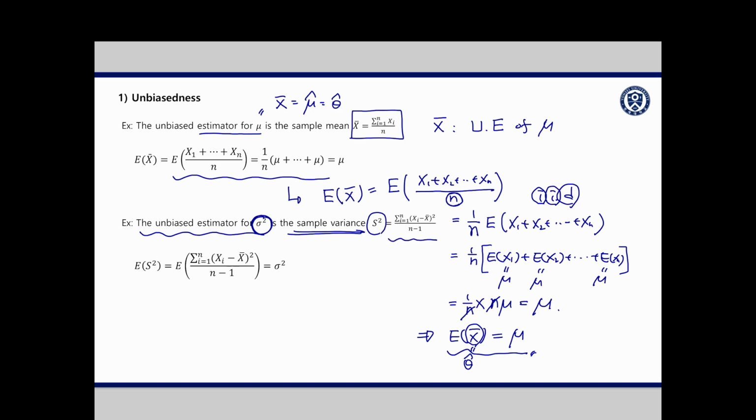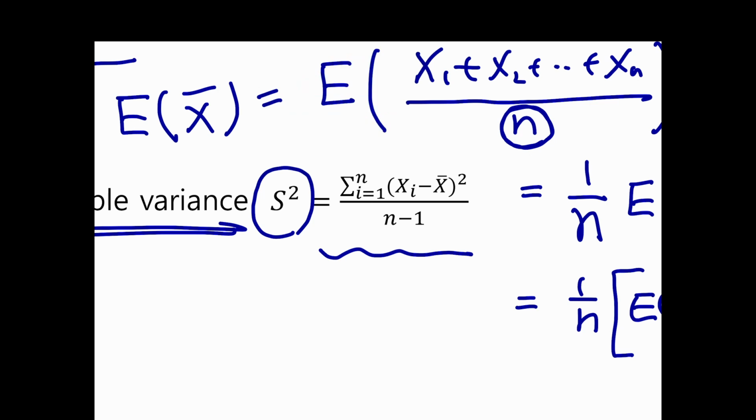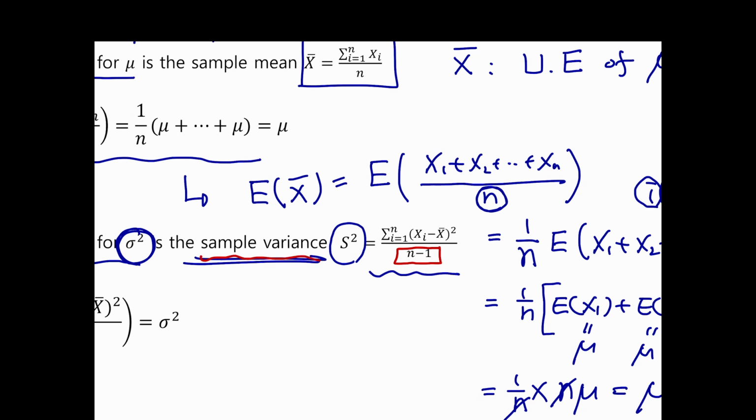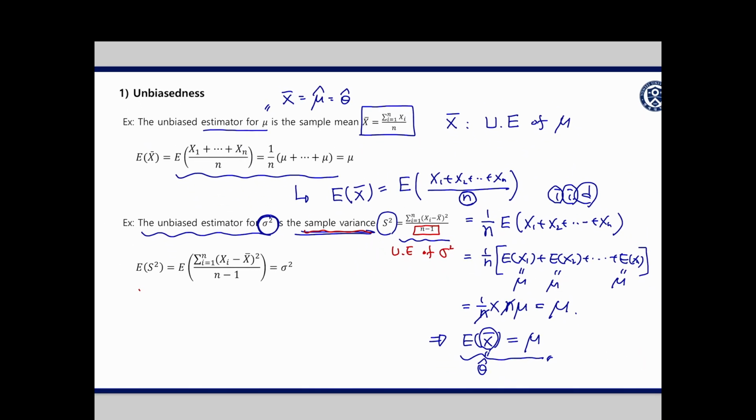You learned that the sample variance is divided by n minus 1, not n. This is because the sample variance is an unbiased estimator of the population variance, like this.